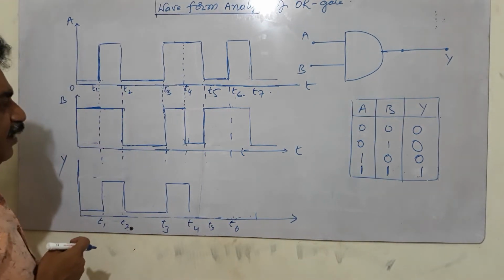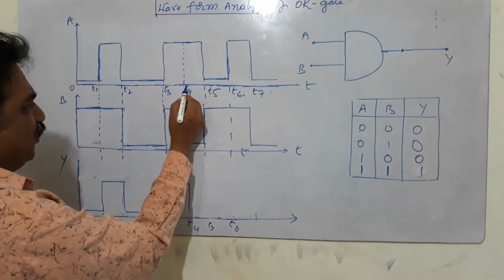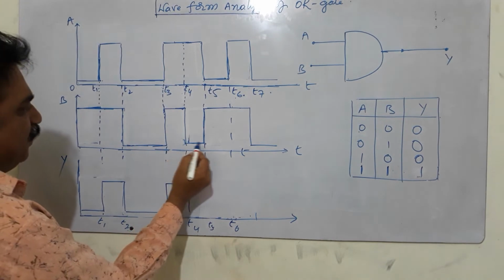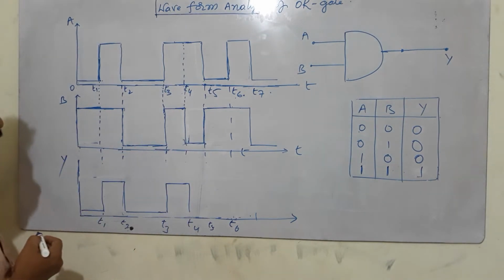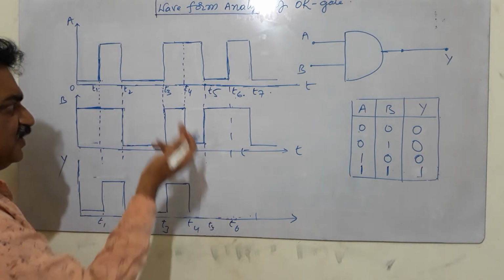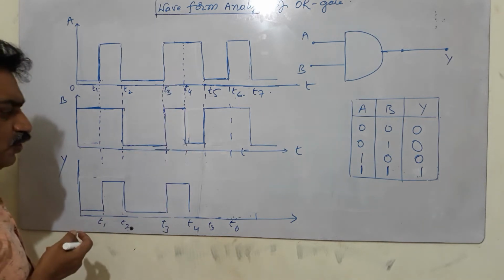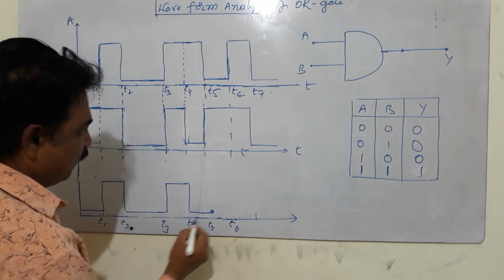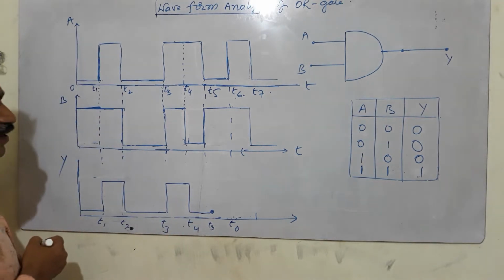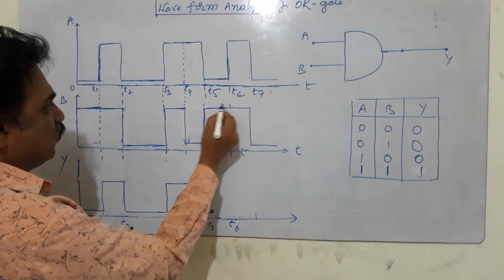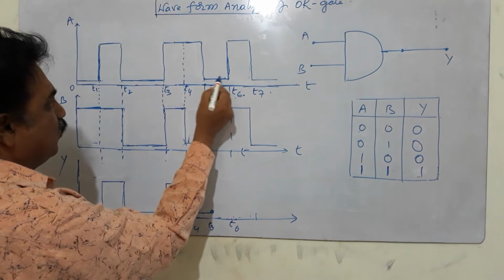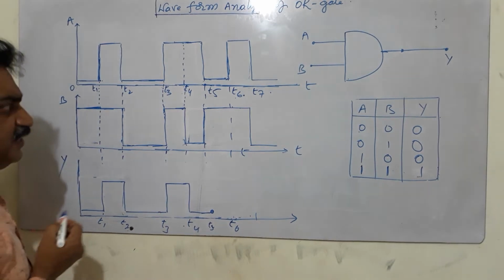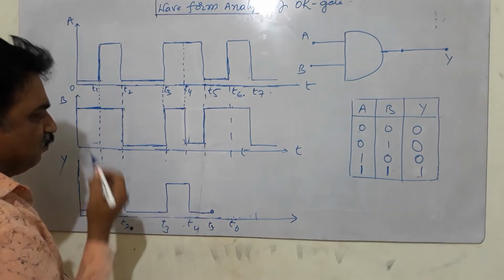And now I am going to check the T4 to T5 region. A is 1 but B is 0. If any one of these two inputs is 0, the output will be 0 for T4 to T5. From T5 to T6, A is low, that is 0, but B is high, that means B is 1.